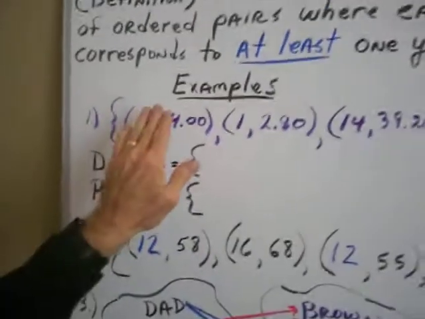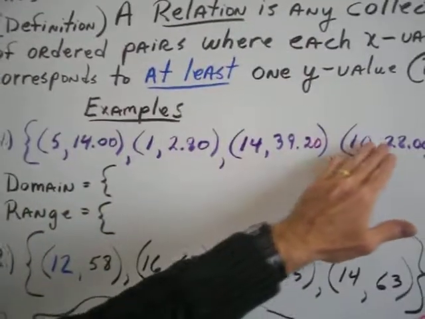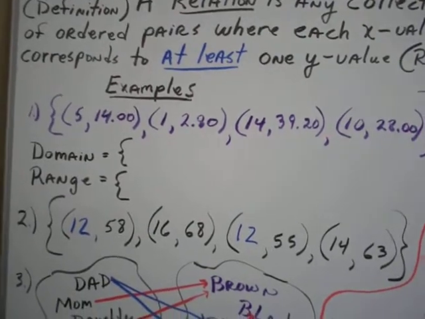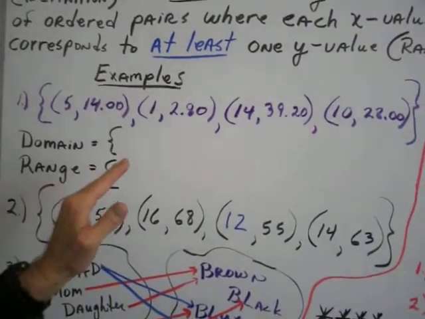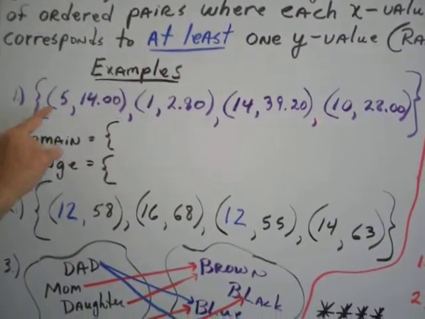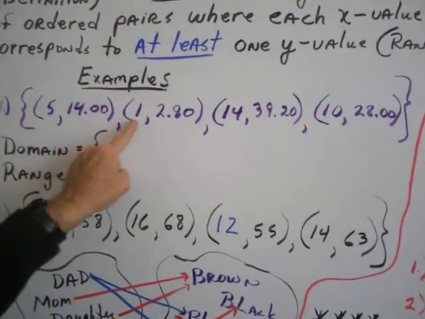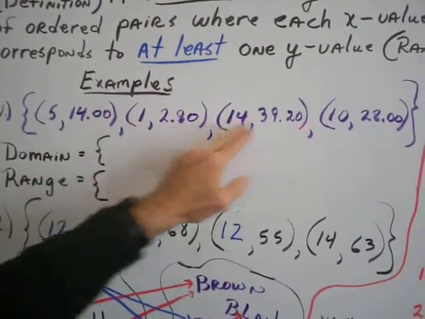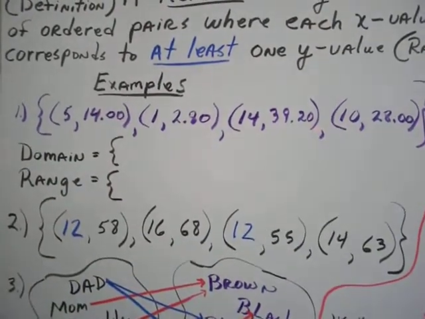Now we're going to start by looking at sort of a real-life collection of ordered pairs that I drew up that I think has a definitive relationship between the domain and the various ranges that they're corresponding to.